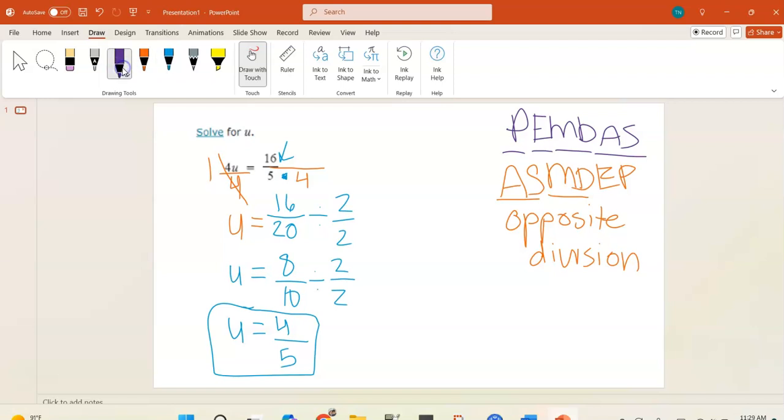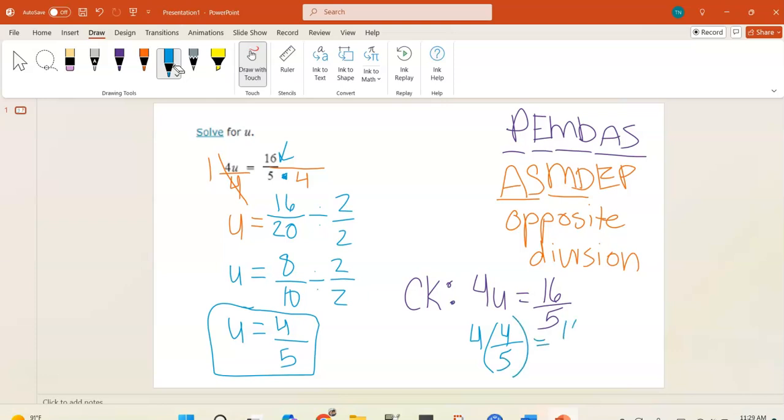Now, if you want to check this answer, we take our original problem, we plug in our answer, 4 times 4/5, and we work it out. 4 times 4 is 16.